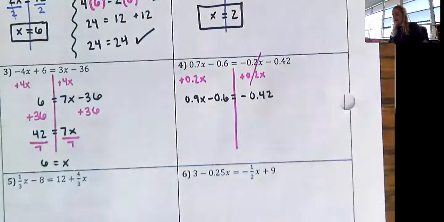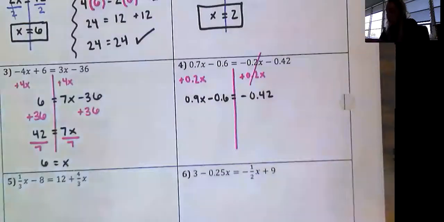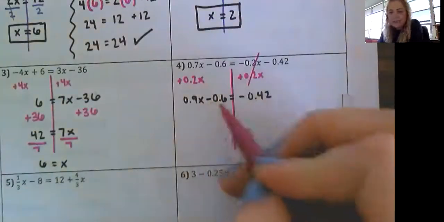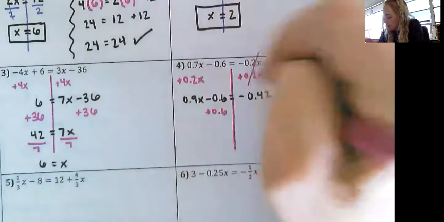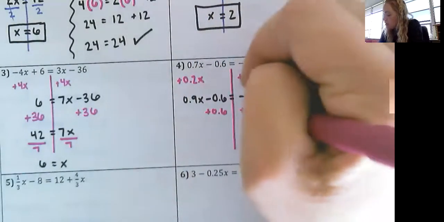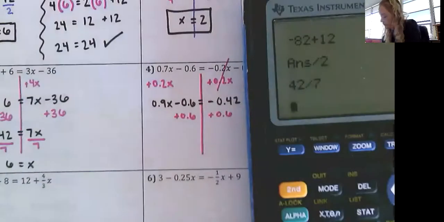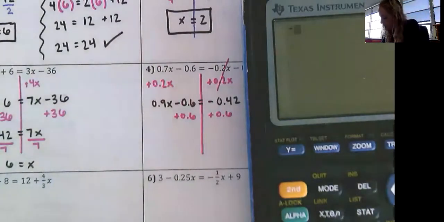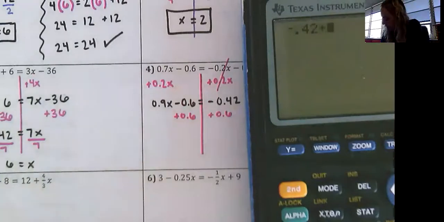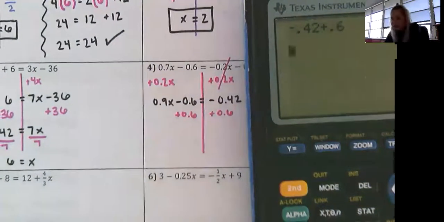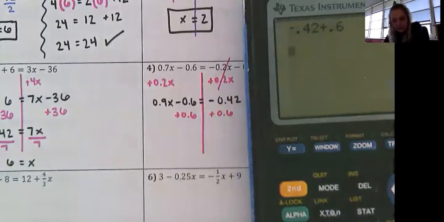All right, I don't think I can do this next part in my head. I need to get rid of this subtracting 0.6. So the opposite of that would be adding 0.6 on both sides. Negative 0.42 plus 0.6 gives me 0.18.